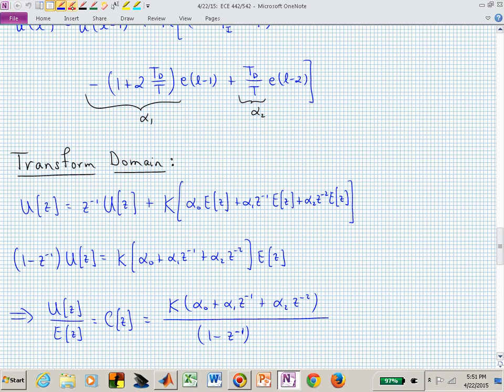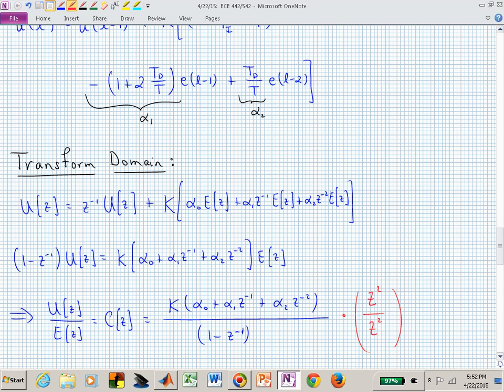So if we simply take this, what do I want to multiply by to convert it from Z to the minus to positive powers of Z? I want to get rid of the highest Z to the minus, don't I? And as long as I scale by 1, I'm not going to change anything.